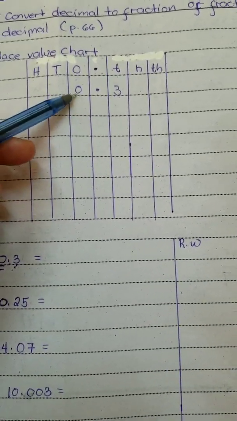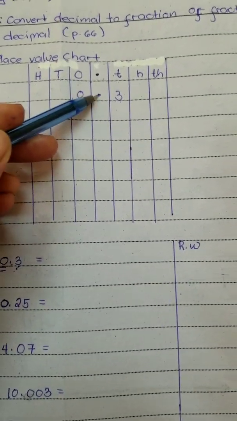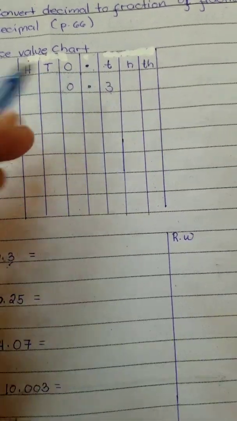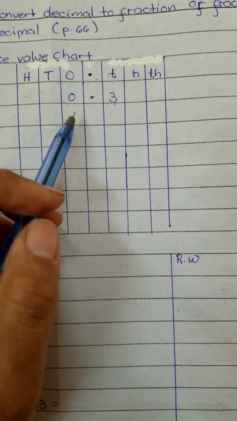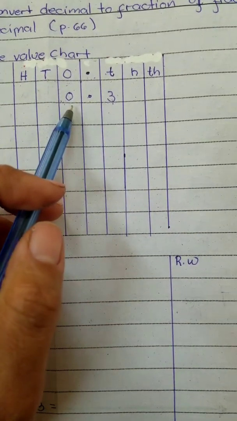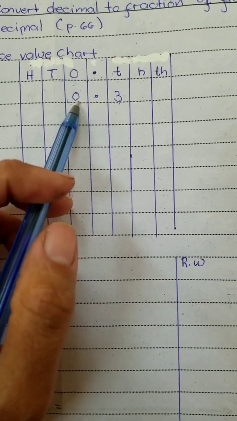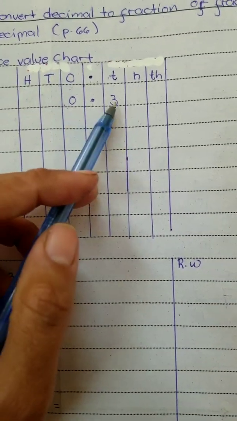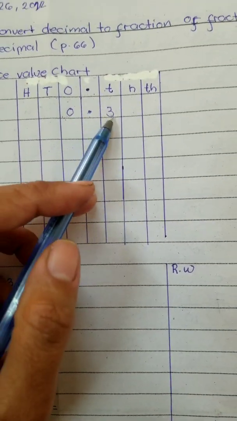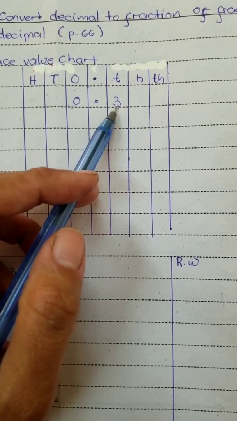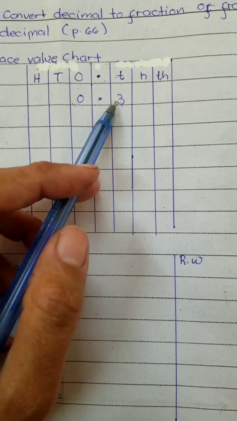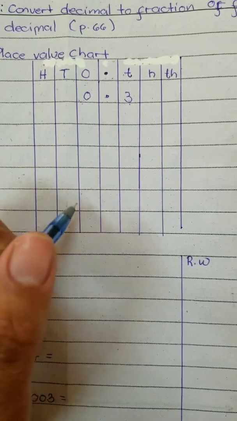So how to read this properly, as I mentioned to you last time? To read it properly, we have 0 and 3 tenths. So we have to mention the place value of the last digit of the decimal number.